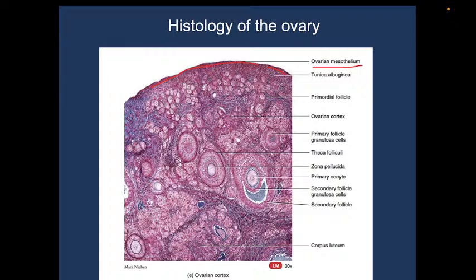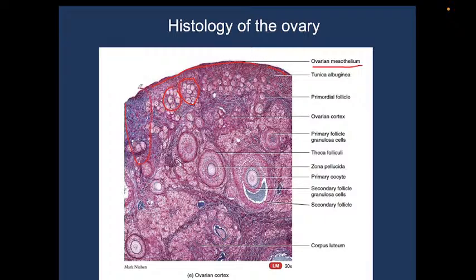The cells located close to the surface here, they are visible. We call them gametes or primordial follicles, and there are about 20,000 follicles located in the cortex of the ovary.